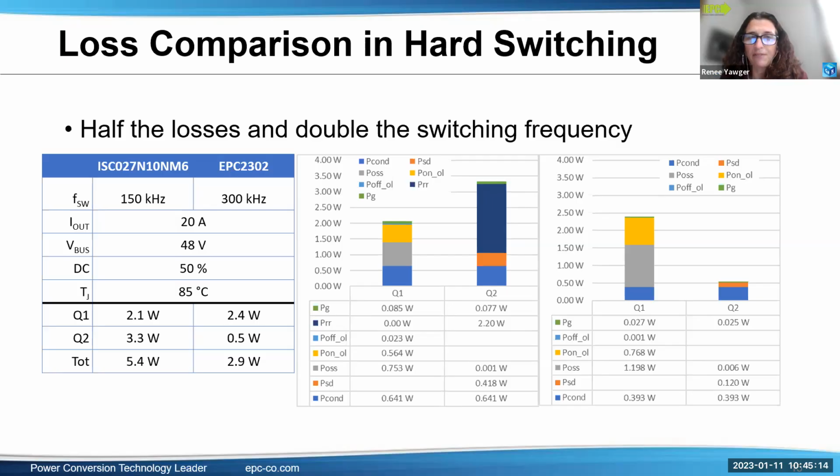Are your devices protected from thermal runaway? Well, not sure what that means. These are devices, so there's no active feedback mechanism. This is just a discrete device.